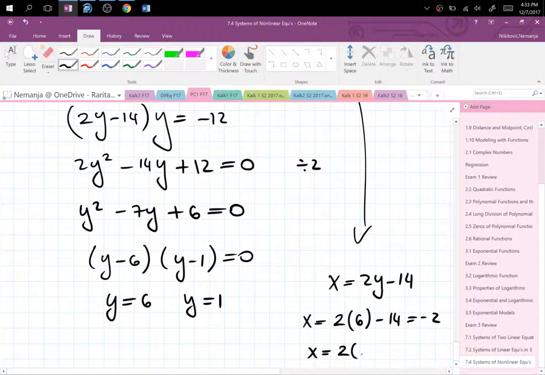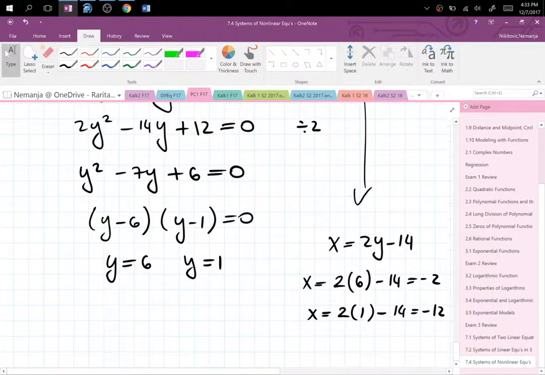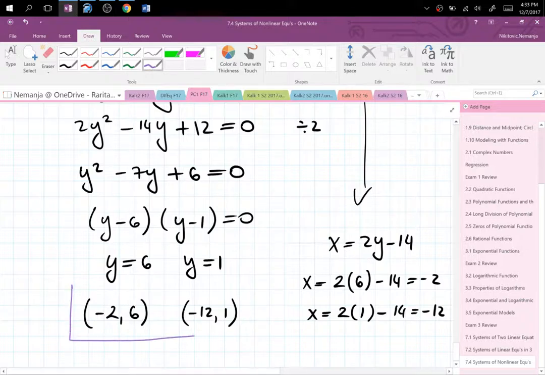And 2 times 1 minus 14, which is negative 12. So 2 points. Negative 2, 6. Make sure you list x first. And the second point, negative 12, 1. So we have 2 solutions, and there will be 2 intersection points between these functions.